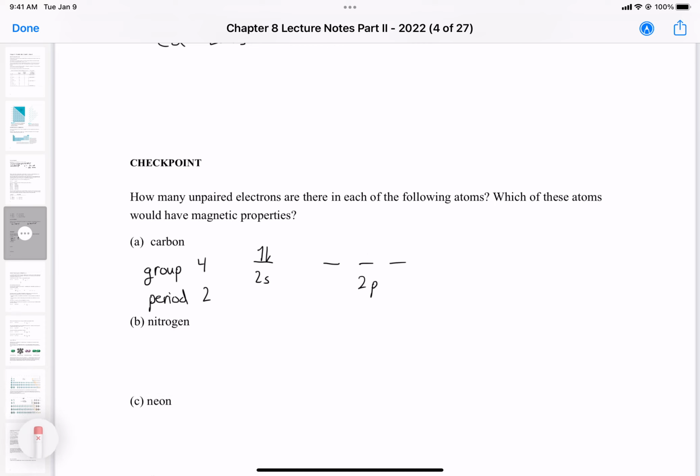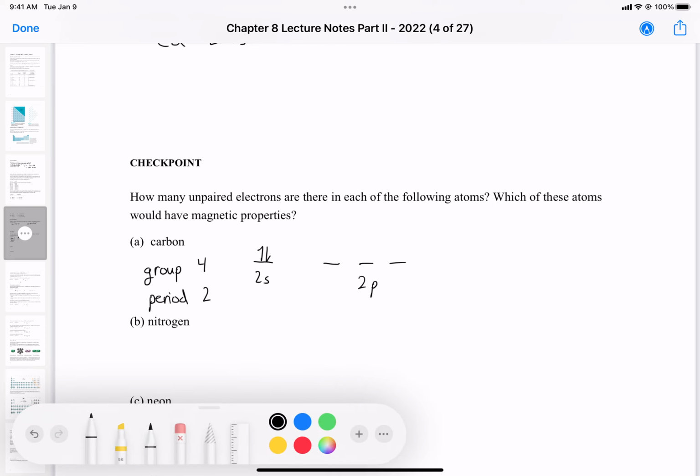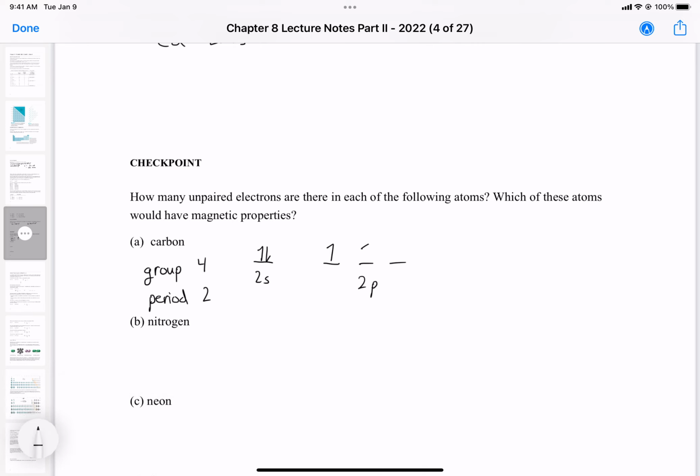Carbon has 4 valence electrons, right? So the valence shell is the second energy level. So we're going to add 2 more electrons in the p subshell, and so we get 2 unpaired electrons.